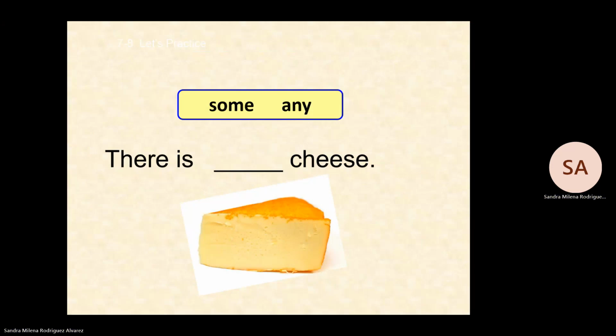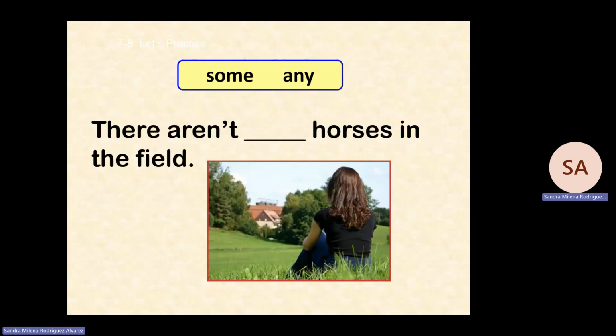The answer is there is some cheese. There aren't horses in the field. There aren't any horses in the field.